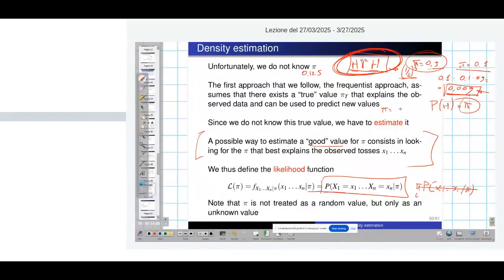If I select pi equals 0.9, then I get 0.9 to the power 2, because I have 2 heads, and then 1 tail, which is 0.081. I can try to see all possible values of pi. In this case, the optimal value we would see is 2/3 for pi, because that's the pi for which the probability of the sequence is the highest possible.